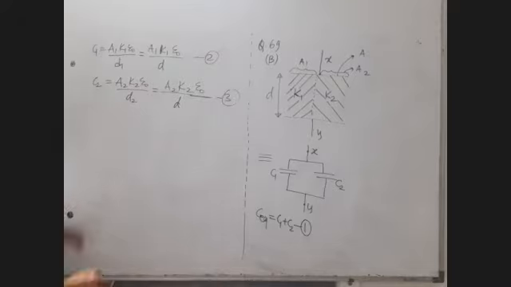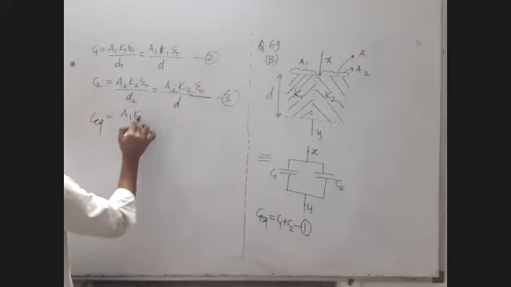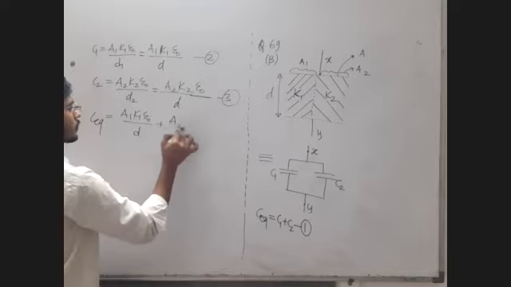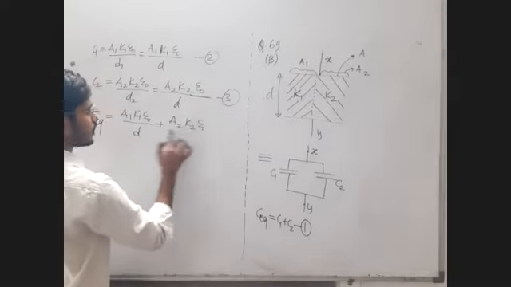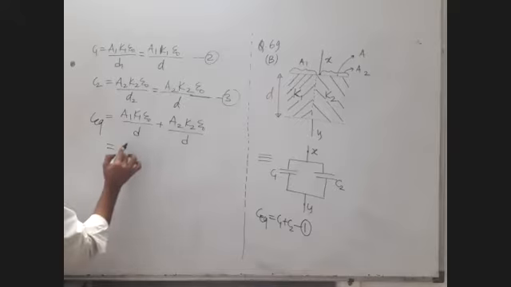Now you can very easily find out C equivalent. C1 plus C2: A1 K1 epsilon 0 upon D plus A2 K2 epsilon 0 upon D. Take the things which can be taken as common outside the bracket.